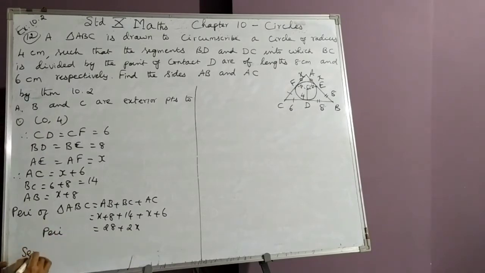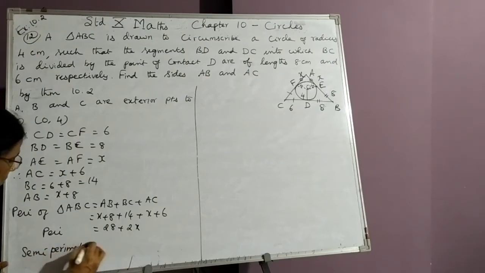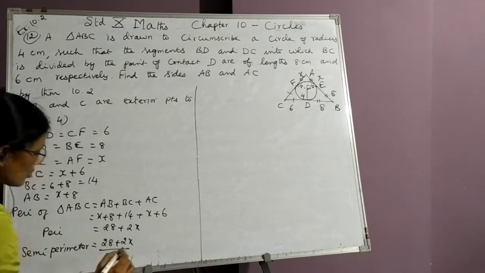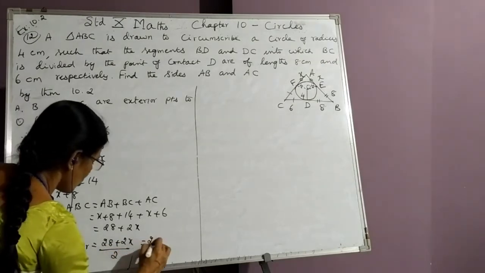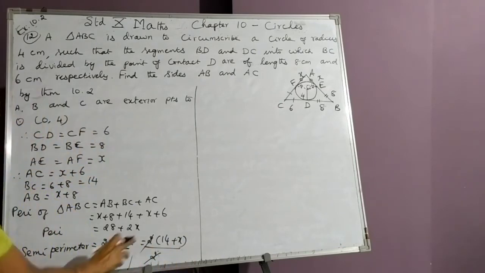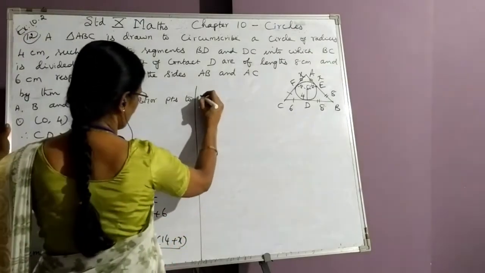I find the semi-perimeter. What do you mean by semi-perimeter? Half of the perimeter. So it is (28 plus 2x) upon 2, which is equal to 2 into (14 plus x) upon 2. So we get the semi-perimeter equal to 14 plus x. We are going to use Heron's formula.